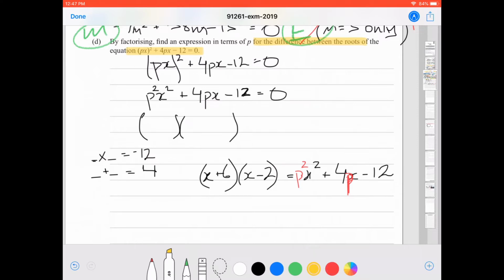And so looking at the a term, p squared x squared, well, to get x squared, all we had was x and x. So we are going to say px and px. And I think you'll find that that's all we need here. So we're going to say px plus 6 and px minus 2.